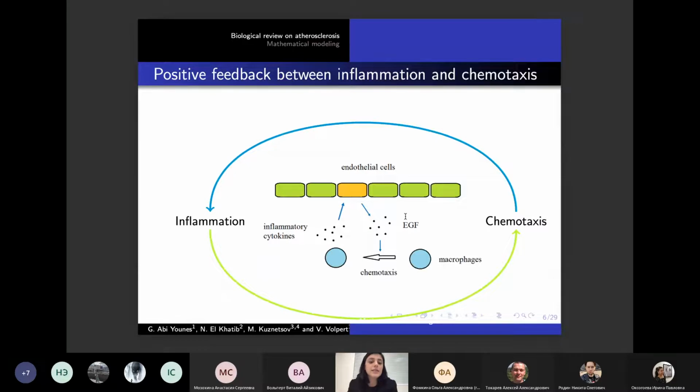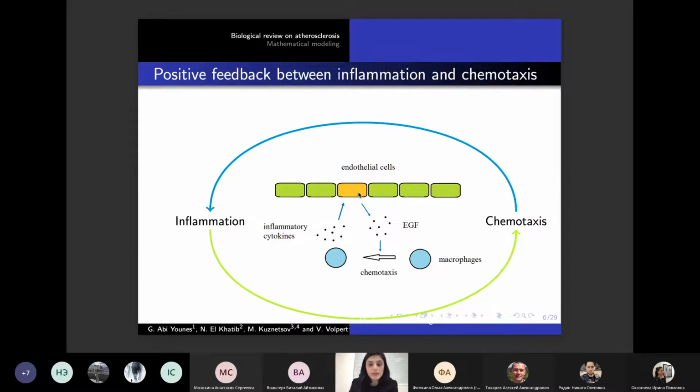Now we can say that somehow there is a positive feedback between inflammation and chemotaxis. Let me explain how it works. Macrophages ingest oxidized LDL, so they release cytokines, and these cytokines activate endothelial cells.